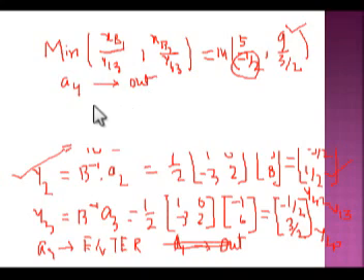Now the new basis will be, will take with the first was a1 which is 2 3 and a3 is -1 0.